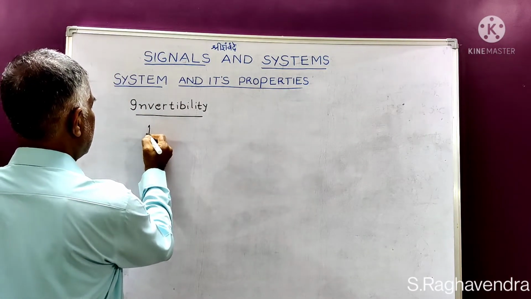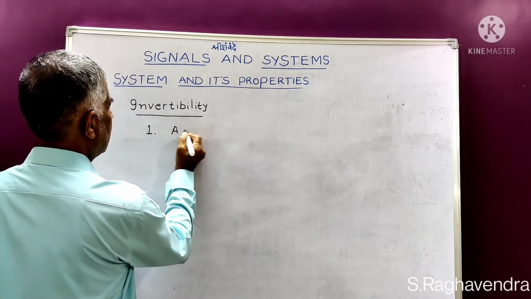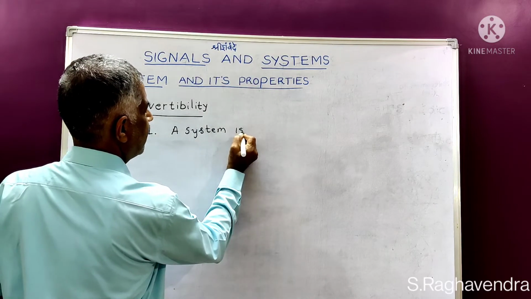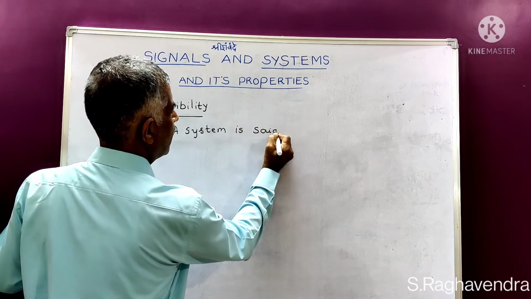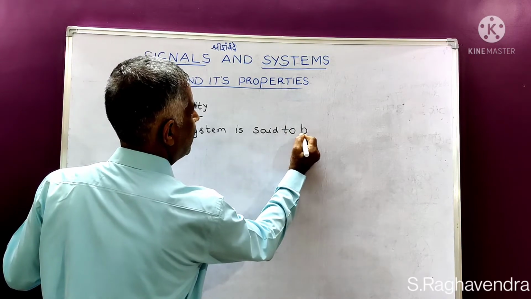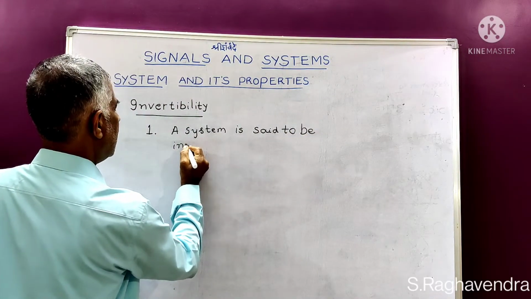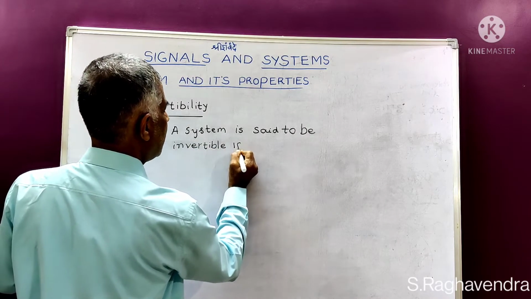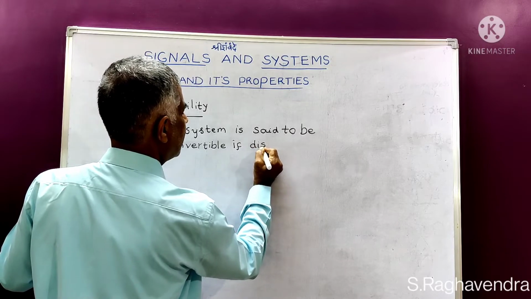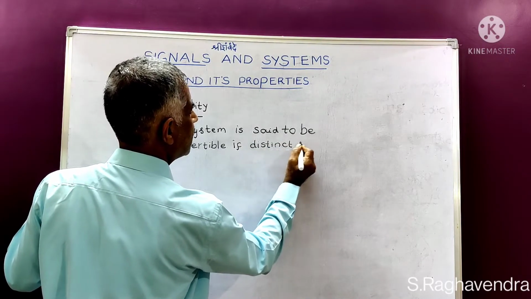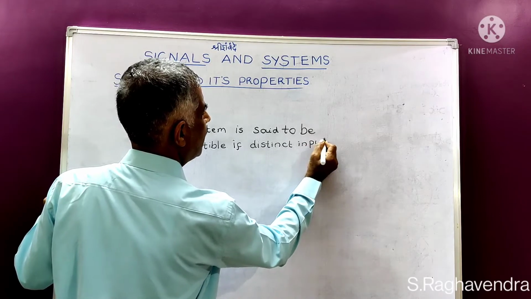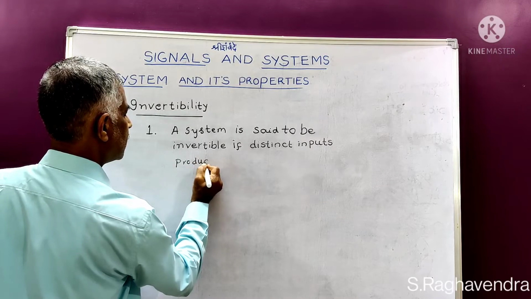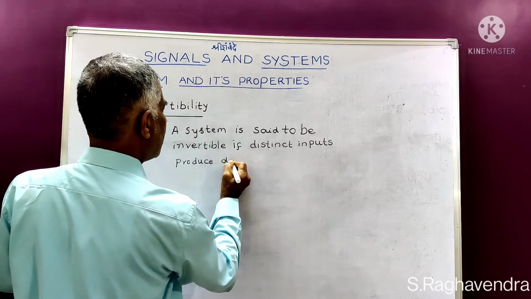Number one, a system is said to be invertible if distinct inputs produce different outputs.